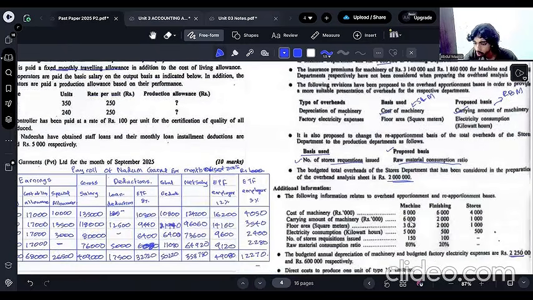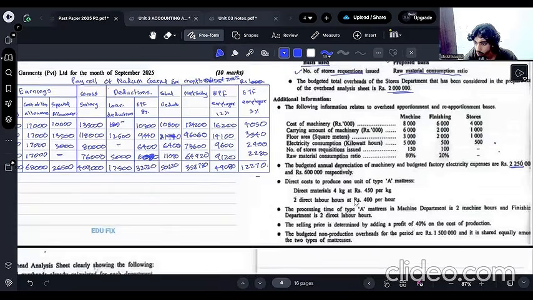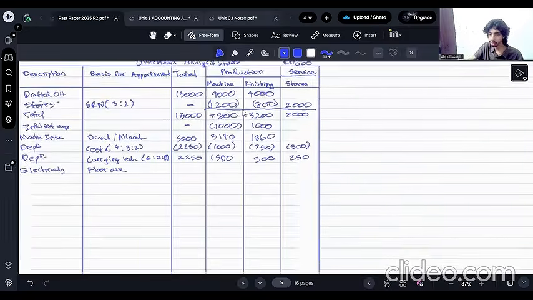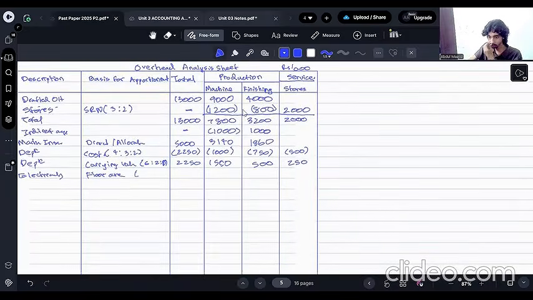The electricity amount is 600,000. Budgeted factory electricity 600,000. So you have to divide 600,000 based on 3 is to 2 is to 1. You have to remove it based on the old method. That's going to be 300, 200 and 100.